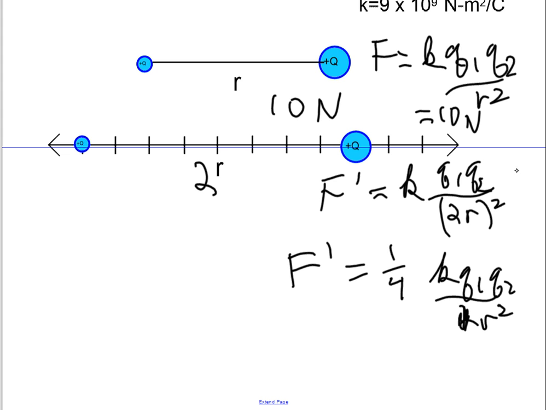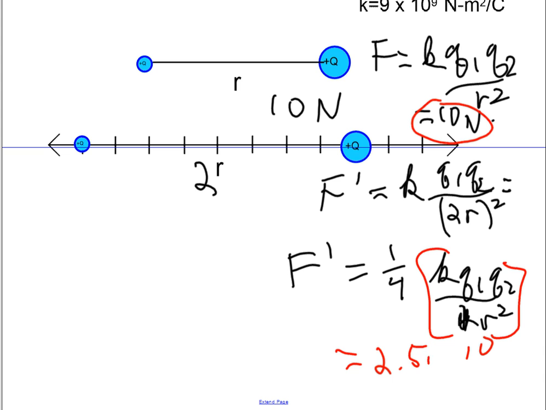The original force was 10, so now this will be 1/4 of 10. So that would be 2.5 newtons.